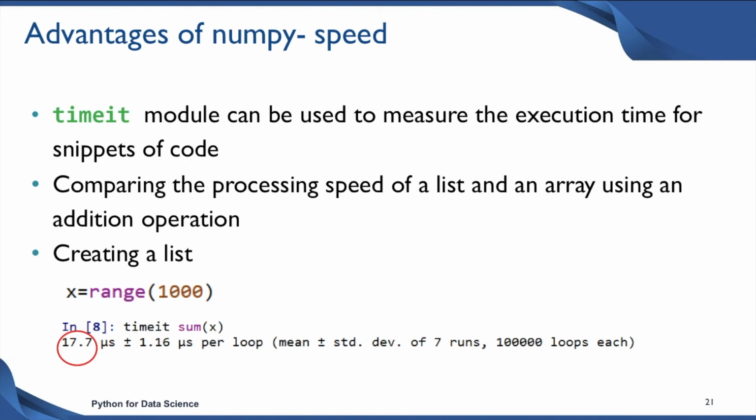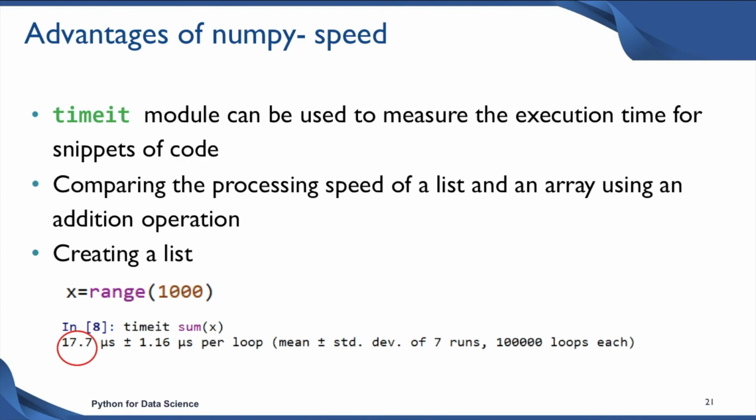That can be done using the timeit module. We can compare the processing speed of a list and an array using the same operation: we do an addition operation on a list, and the same on a NumPy array, and check how much execution time both took.